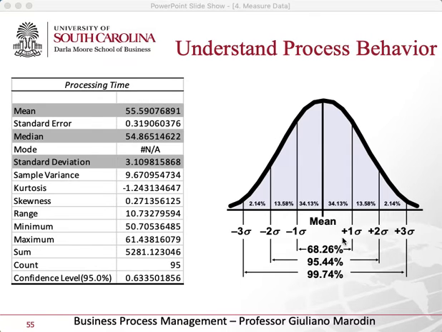For a normal distribution, plus or minus one standard deviation is about 68% of the observations, plus or minus two is 95.4% of your observations, and plus or minus three standard deviations is 99.74% of your observations. So these are three important things we can start looking at.